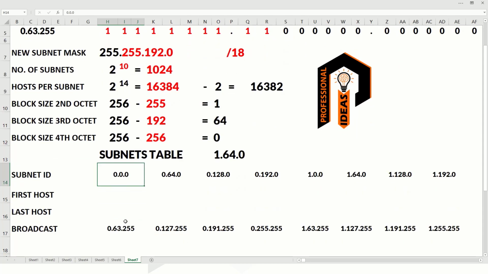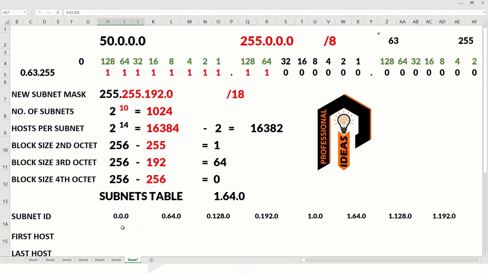Now let's find the broadcast address of each subnetwork. Broadcast address is all the host bits turned on. Since there are no bits left for the host segment in the second octet, its value will be 0. There are 6 bits available for the host segment in the third octet, so by adding their spot values, we get 63. And in the fourth octet, 8 bits are available for the host segment, so by adding their spot values, we get 255.